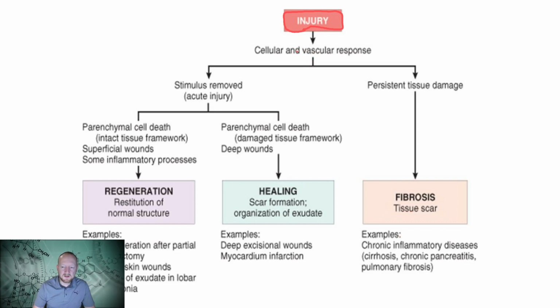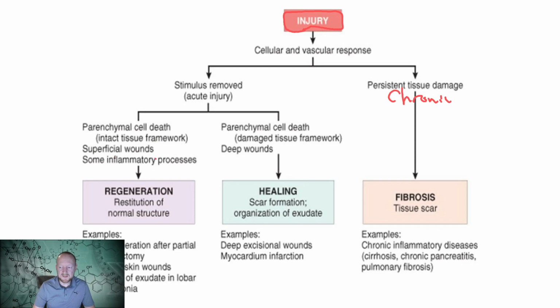Versus here, we have our cellular and vascular response. Our stimulus is removed. It's an acute injury versus a chronic condition. Depending on the severity, we have parenchymal cell death, but our tissue framework remains intact. So there's going to be a superficial wound.